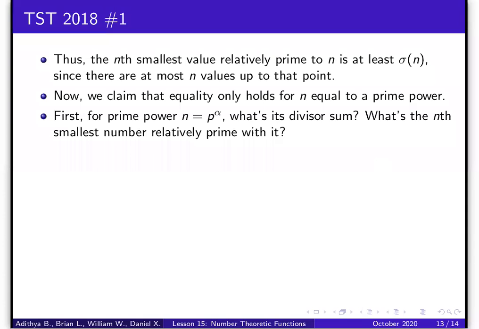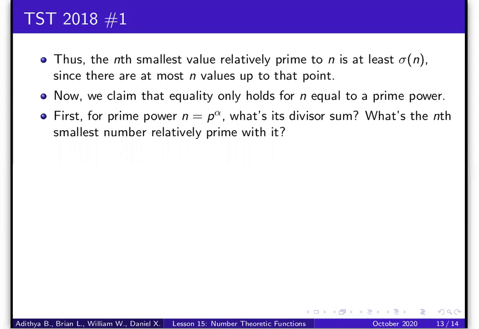N is p to the alpha. So since n is a prime power, basically its factors are going to be 1, p, p squared, all the way to p to the alpha.